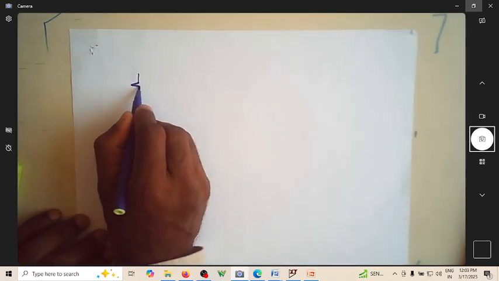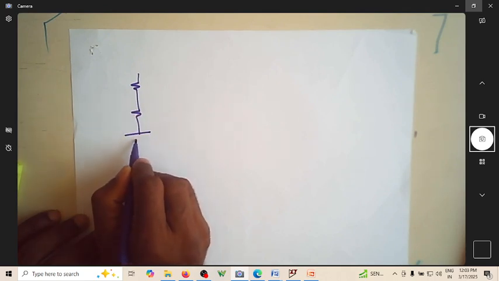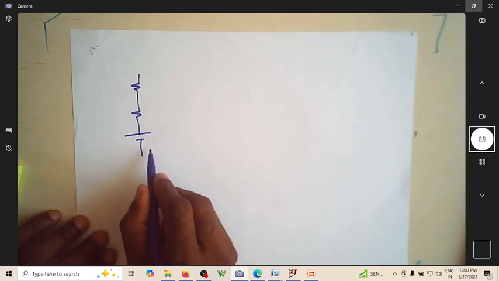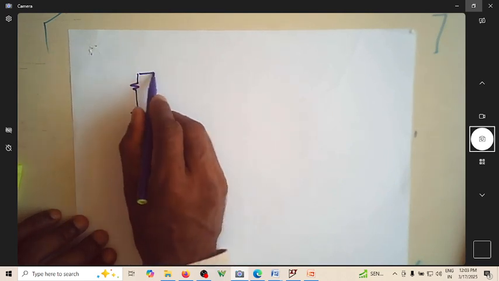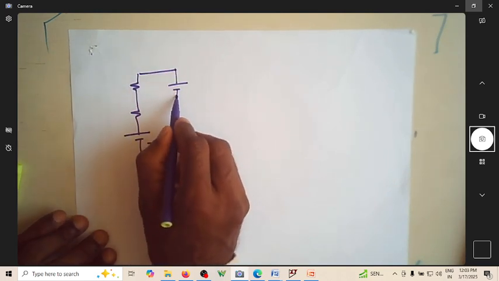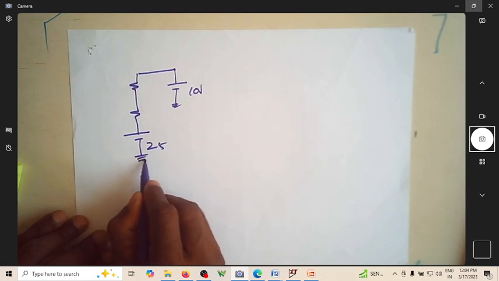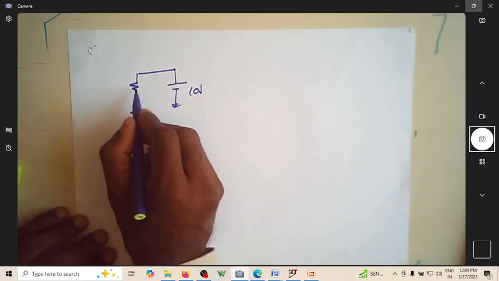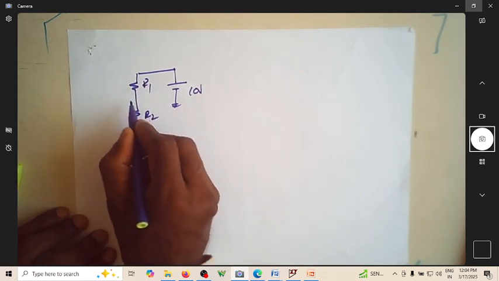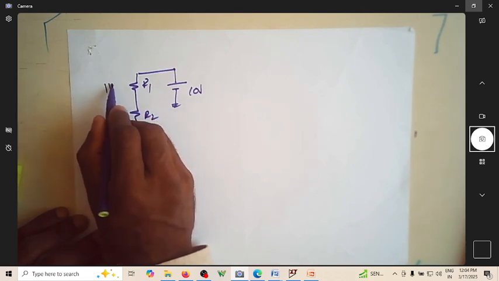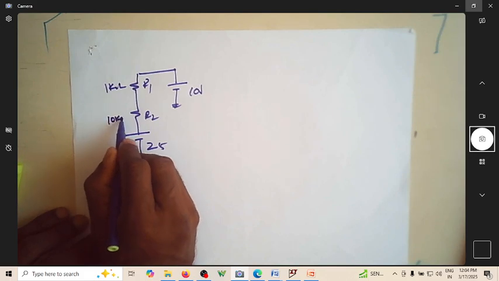I have two resistors. This is 25 volt, this is 10 volts. This is R1, R2, this is 1 kilo ohm, this is 10 kilo ohm.